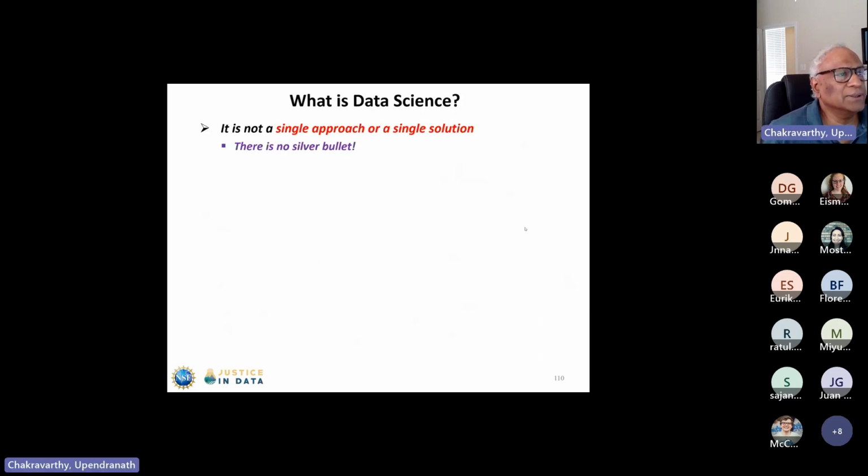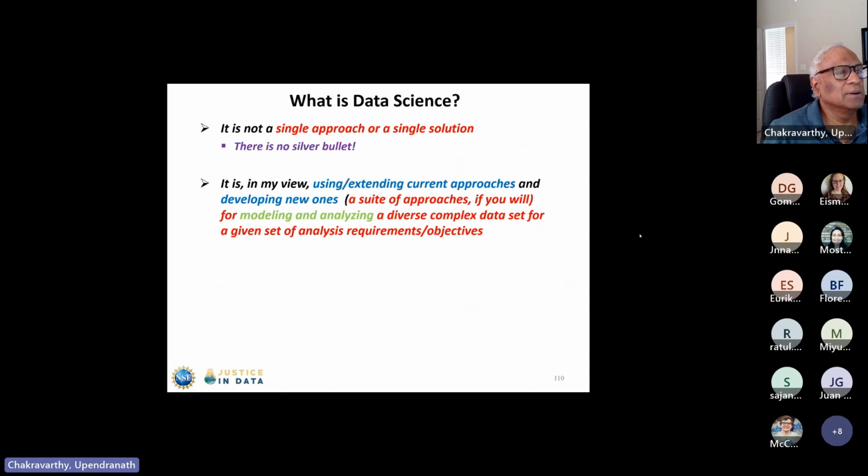So to me, data science is not a single approach or a single solution. There is no silver bullet. It's a complex process involving many moving parts, extending not only current approaches but also developing new ones, because we still do not have all the technology to combine different types of data, and it still needs to be developed.